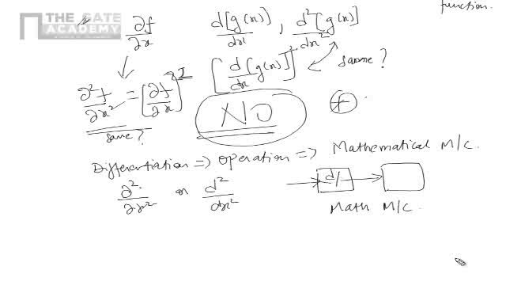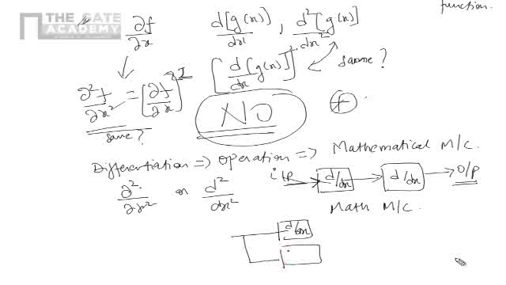There is d/dx, and there is another d/dx. I feed the input here and take the output here. If I put one block, I get d/dx. If I do it twice, I get this. The input I supply is a function, f of x or g of x, whatever you want to call it.